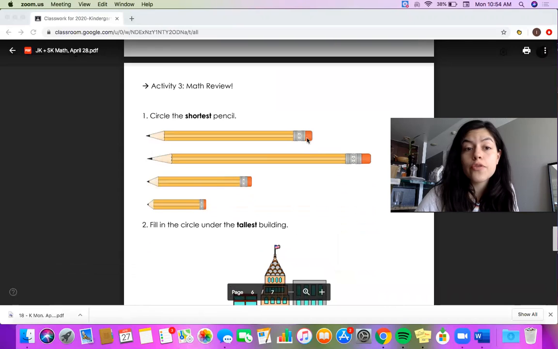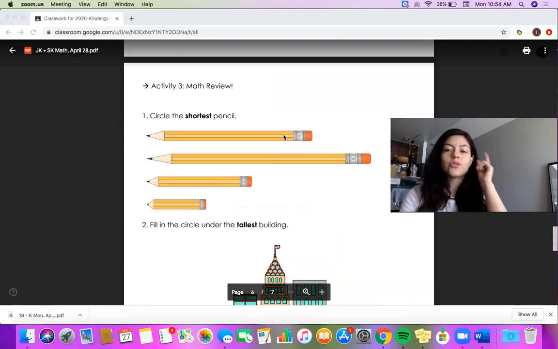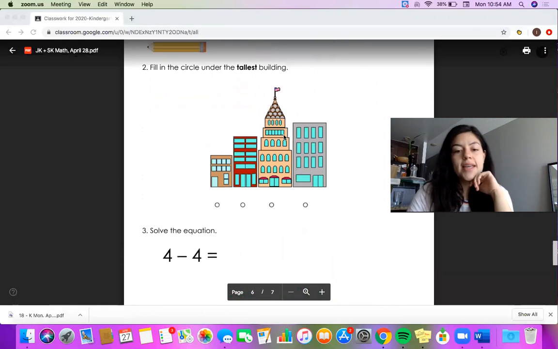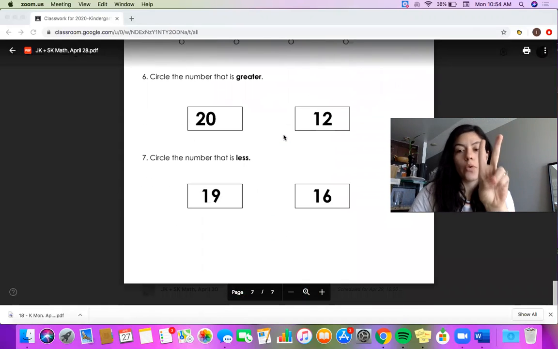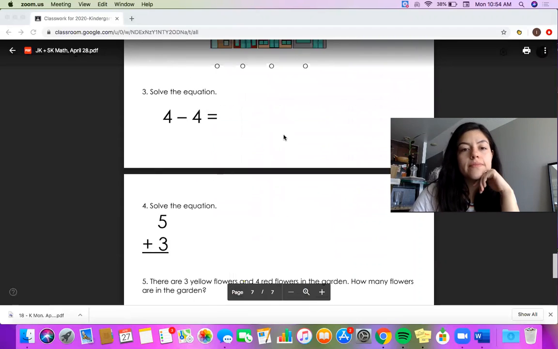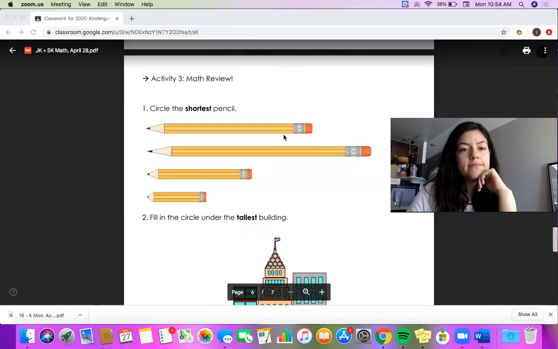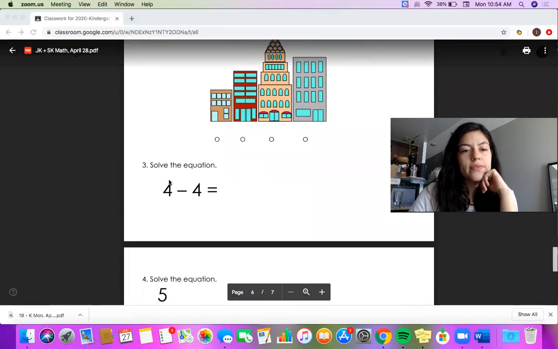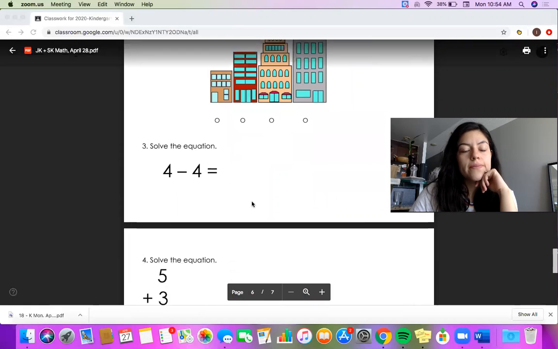Then we have some math review, activity number 3. For JKs, you just need to do page 1. For my SKs, you'll be doing both pages, page 1 and 2. Okay, so for math review, it goes over some measurement on the first page. There's a little equation here.